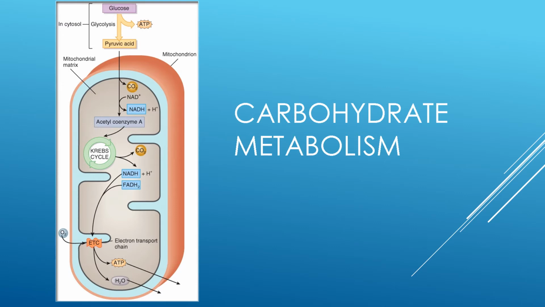This figure here shows a summary of the principal reactions of cellular respiration. So at the top, occurring in the cytosol, we have glycolysis, converting 1 molecule of glucose into 2 pyruvic acid. The pyruvic acid is transported into the mitochondrial matrix, where it is converted into acetyl coenzyme A, which enters the Krebs cycle.